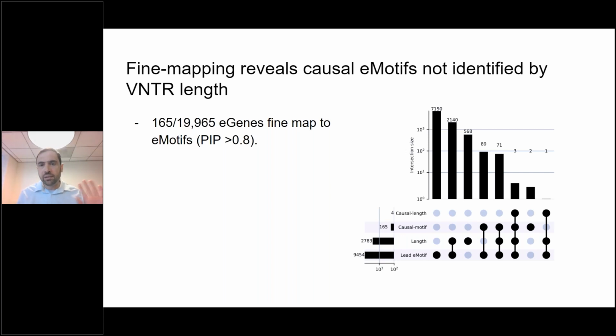We think that the motif composition has a causal effect on nearby gene expression for a limited subset of tandem repeat sequences. Okay, so we just talked, as quickly as possible, about some results for the functional impact of tandem repeat variation.